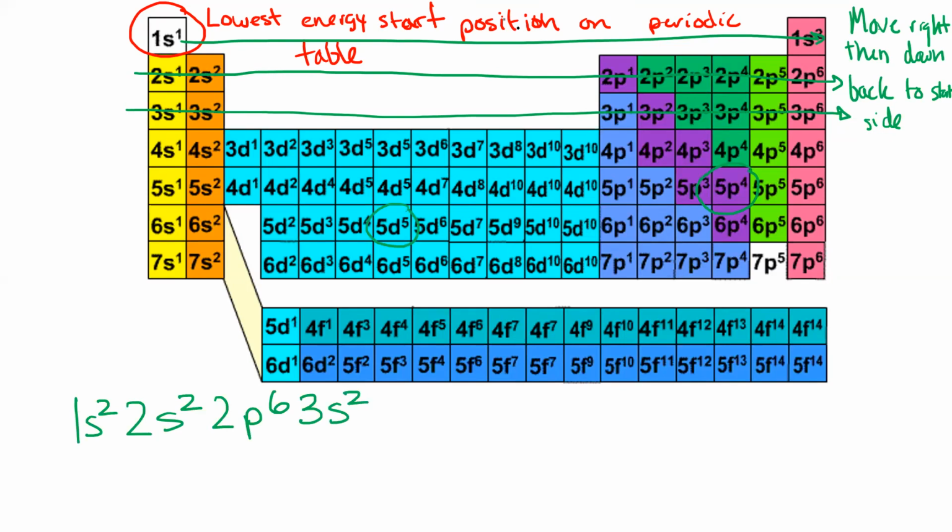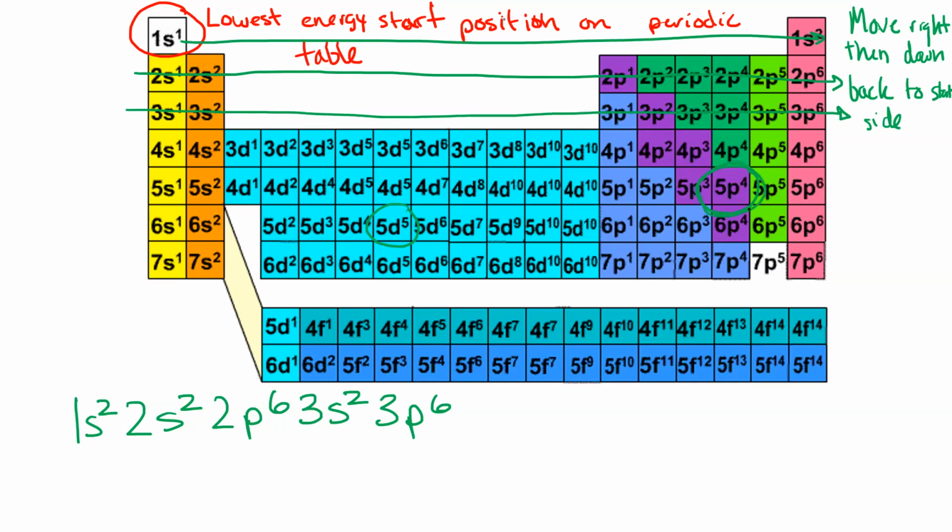See, 1s2, then I go across, okay, 2s, I can fill that up with 2. Then it's 2p6, I fill all the way up, because if I have enough electrons, then it's going to be filled up. Then I go 3s2, then 3p6.